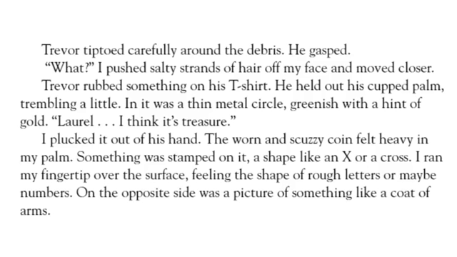I plucked it out of his hand. The worn and scuzzy coin felt heavy in my palm. Something was stamped on it, a shape like an X or a cross. I ran my fingertip over the surface, feeling the shape of rough letters or maybe numbers. On the opposite side was a picture of something like a coat of arms.